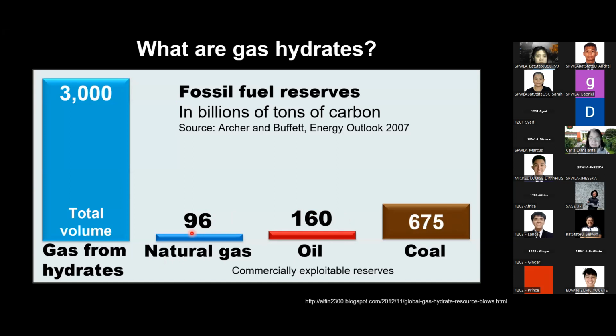This is the interest because it's not only the Philippines that is very concerned with the depleting fossil fuel reserves from oil, natural gas and coal. The traditional fossil fuels are starting to be depleted, not just in the Philippines, but worldwide.